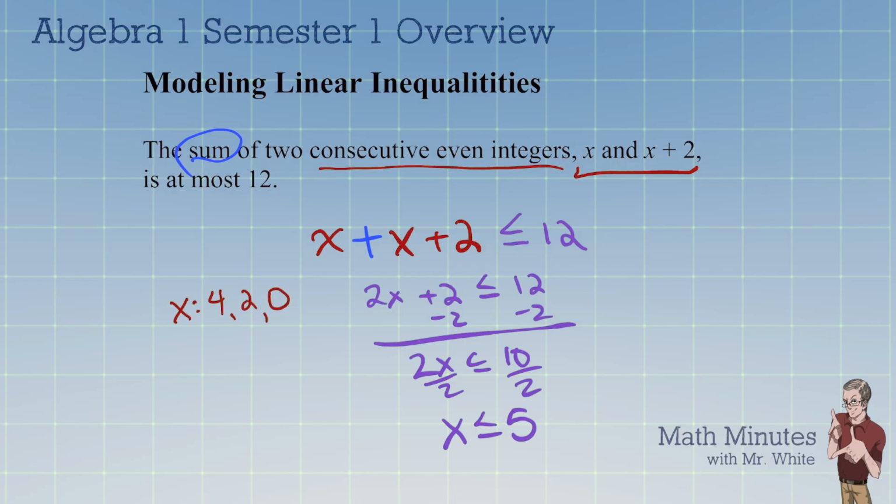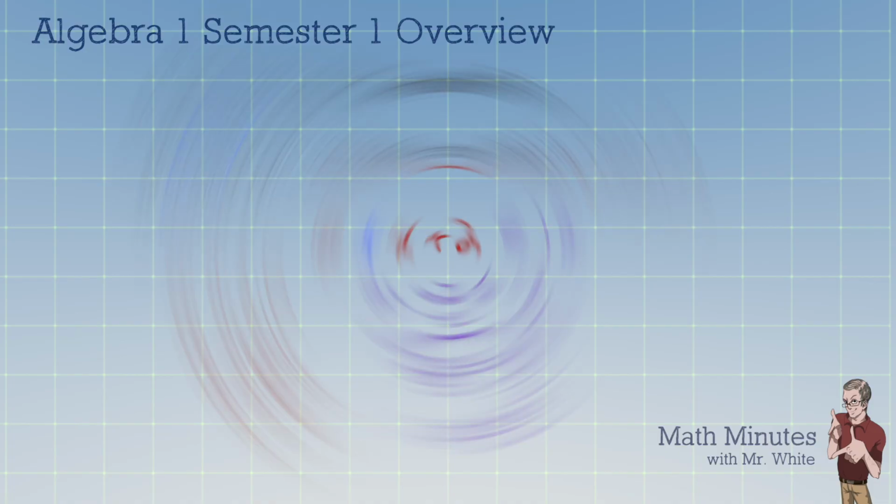You could even go into your negative numbers, right? But 4 would be the biggest that x could be. So really, I think in this word problem, maybe the best way to state the answer is all even numbers where x is less than or equal to 4. So 4, 2, 0, etc., etc.